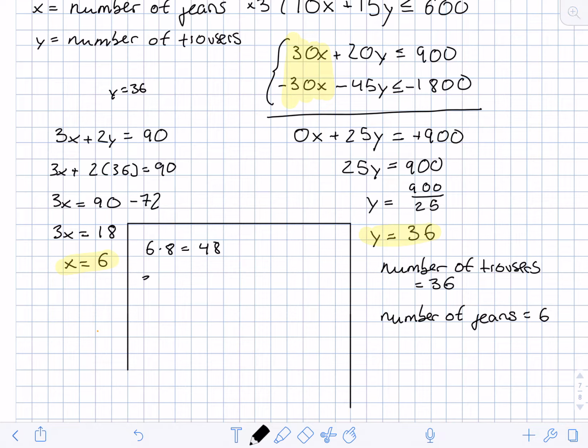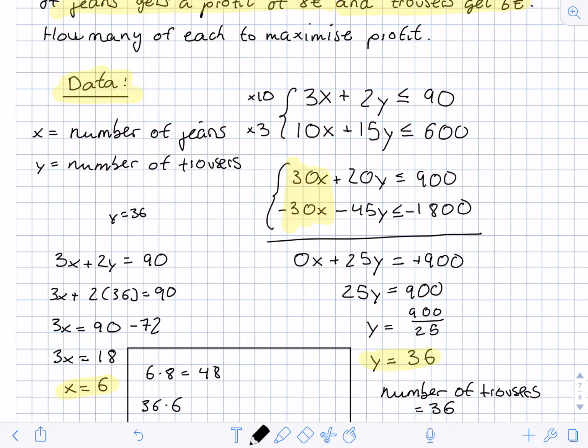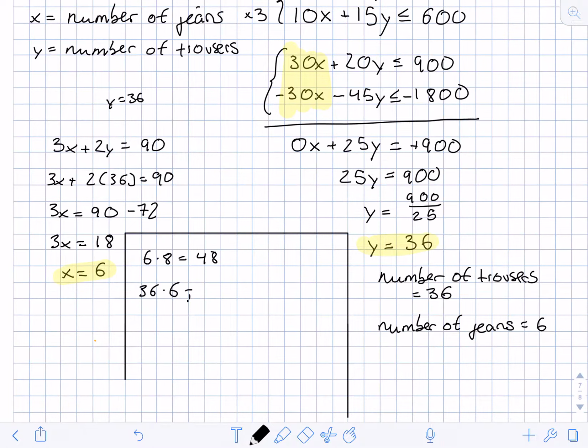And then 36 by the profit of 6, 36 by 6 is going to be 216. We add them up and we get 264. This is the money they're gonna make of profit.